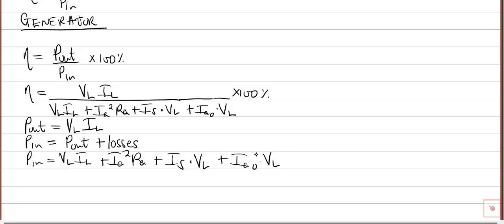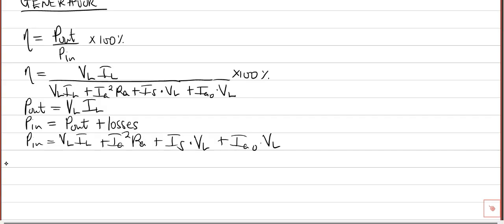The last section of this formula, we should also know, is what is referred to as constant losses, C. C can be represented by the part which says IAO times VL. These are referred to as iron and friction losses.